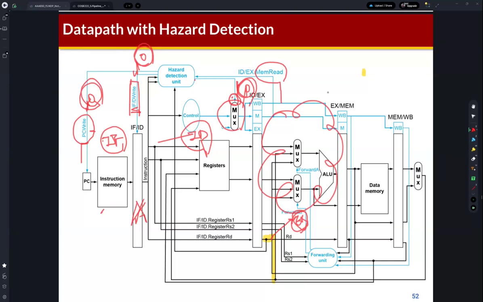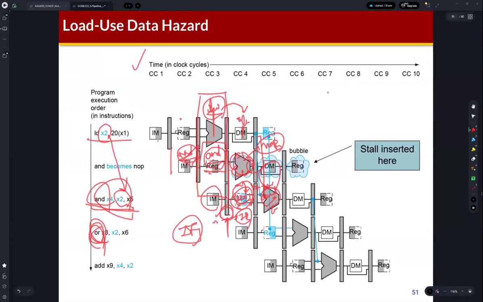So, like the data forwarding unit, this part can be a little bit tricky because this is also one of the corner cases of the pipeline architecture, right? Firstly, we need to detect the load-use data hazard, and we need to control the pipelining of the CPU architecture, right?